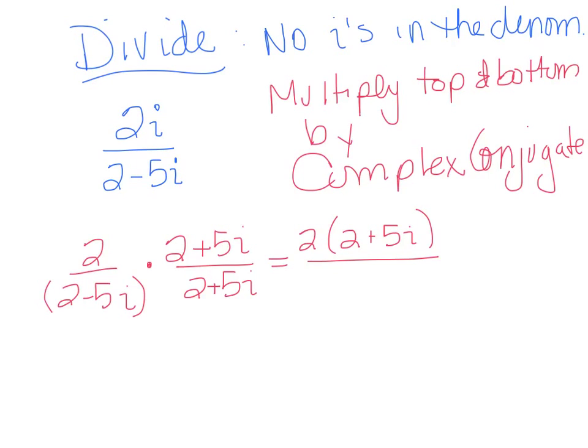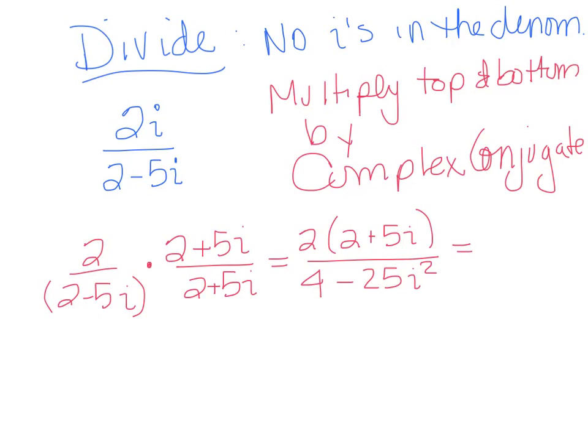That's why we chose conjugates. So I'm going to do it out the long way just to prove it to you again. I get 4, I get minus 10i plus 10i, those cancel. And then I have minus 25i squared. So you say, oh, there's still i's in the denominator, but no, there isn't.